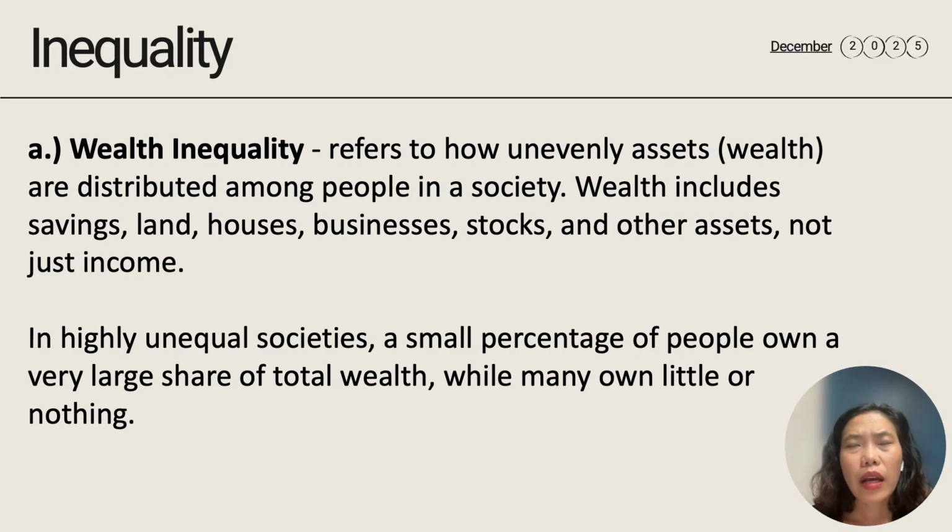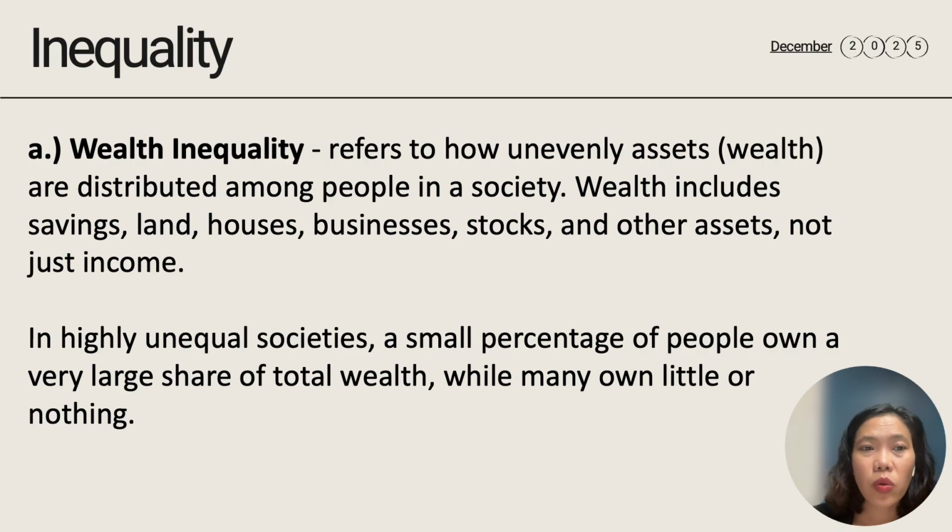So we need to define the two types of inequality. Wealth inequality refers to how unevenly assets or wealth are distributed among the people in society. Wealth includes savings, land, houses, businesses, stocks, and other assets, not just income.